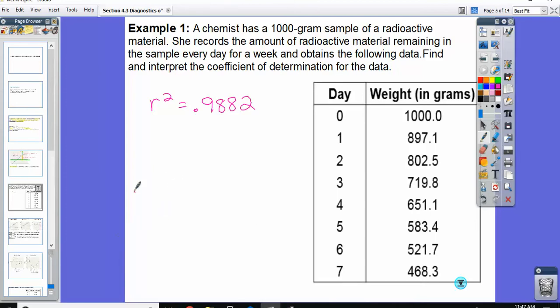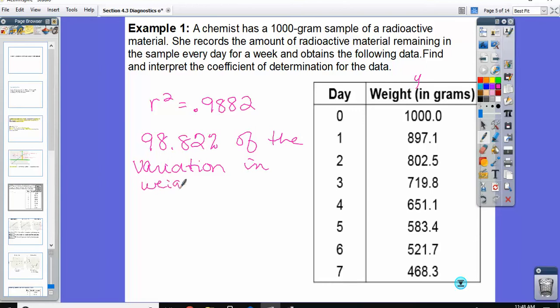So this means 98.82% of the variation in y, which for us, our y was the weight, is explained by the regression line.